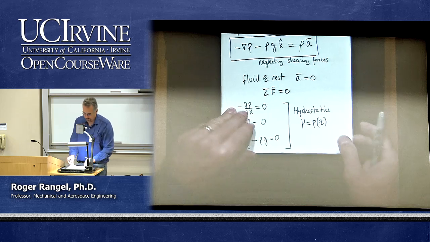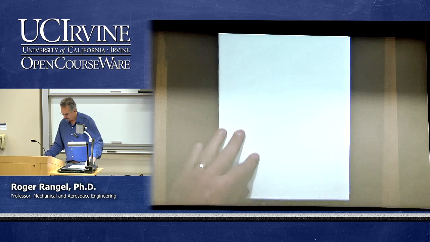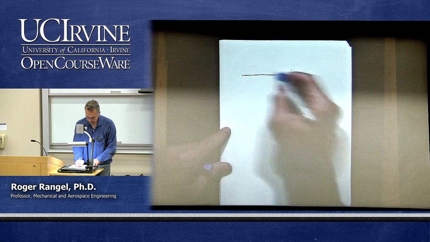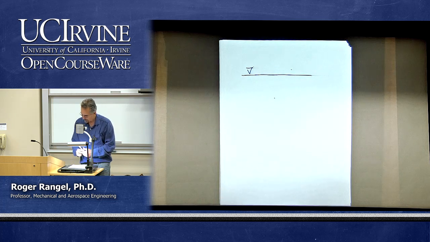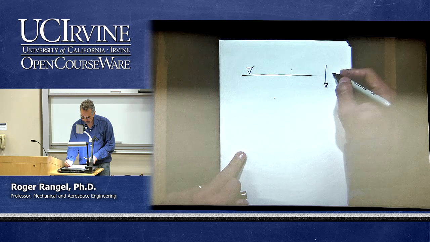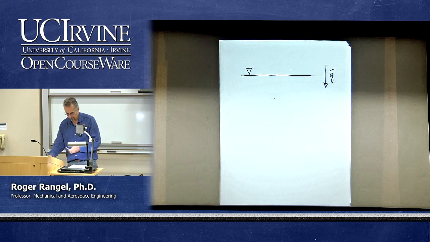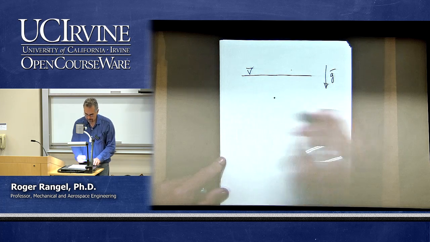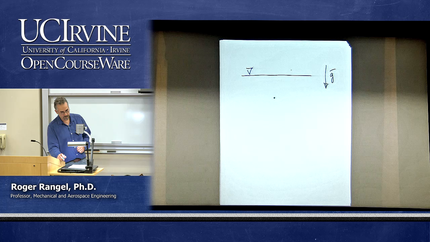And that's why when you have a situation in which the fluid is, this is the free surface, gravity is in this direction. If you are down here within this fluid and you move in any horizontal direction, you don't feel any variation in pressure.